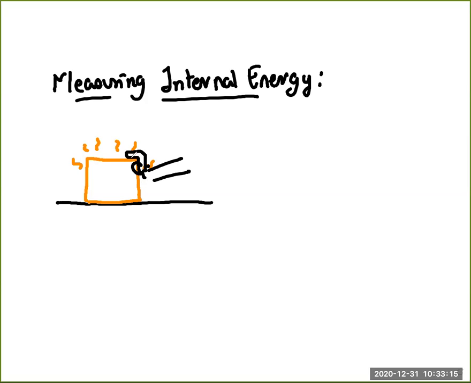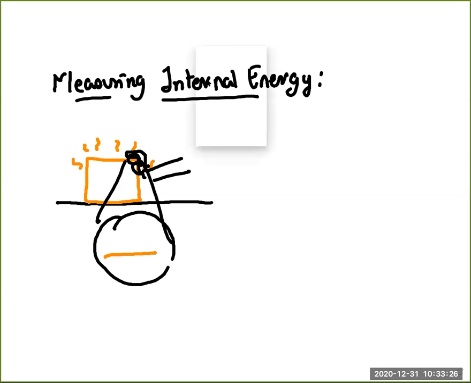Now what happens at the surface of contact between the object and your skin is basically that, let me just draw this part, the atoms and molecules which make up this object, because of the contact at the surface, lose some of their energy to the atoms and molecules that make up your body.